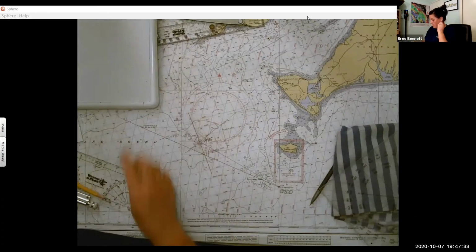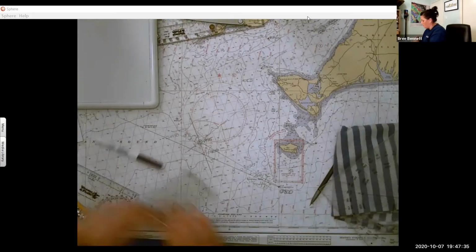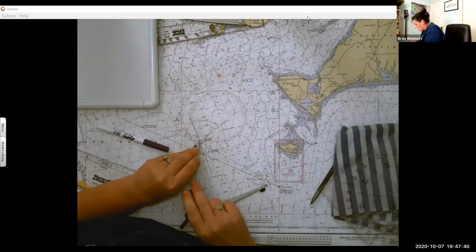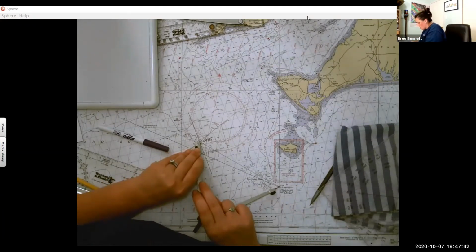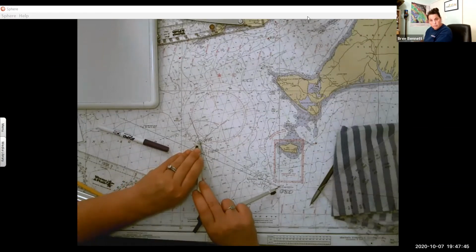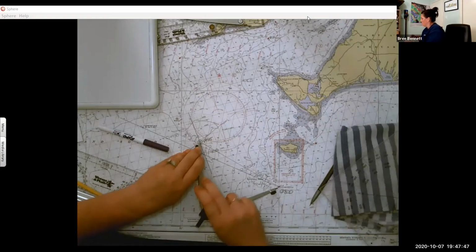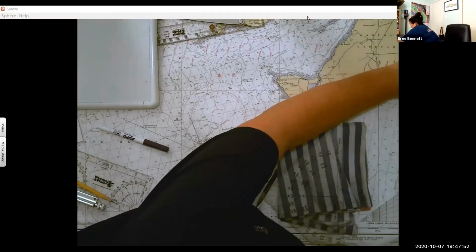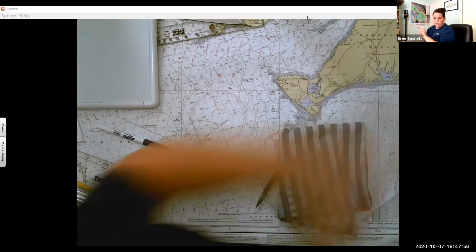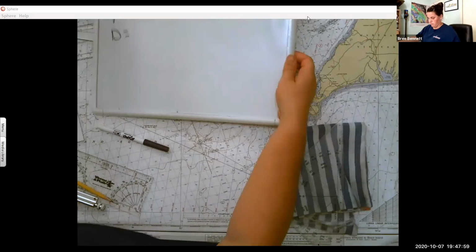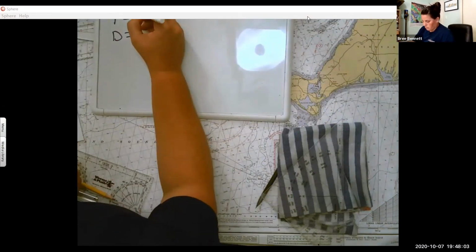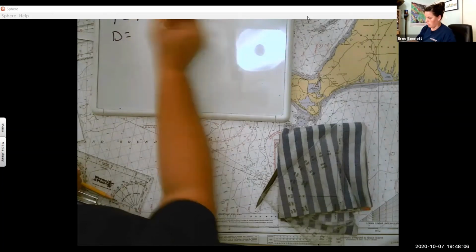So to get distance, I'm just going to get the distance between buoy 2 and 9:15. 7.1. I guess it was closer to 7.2.